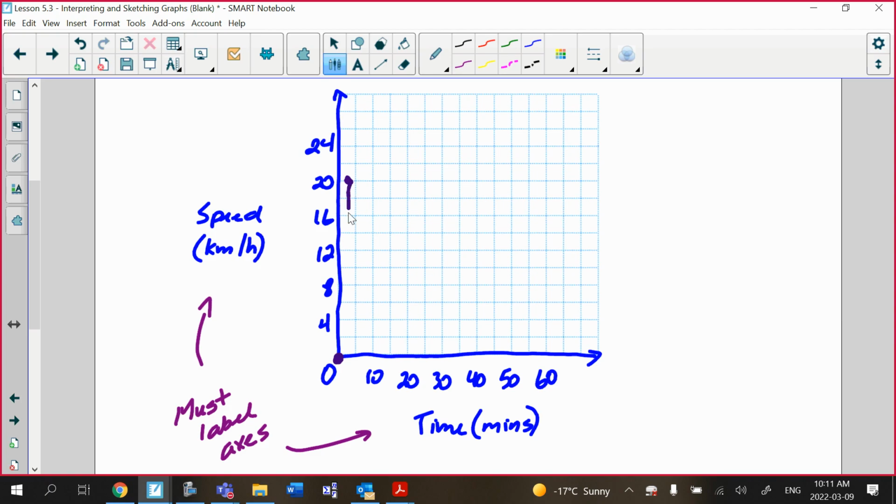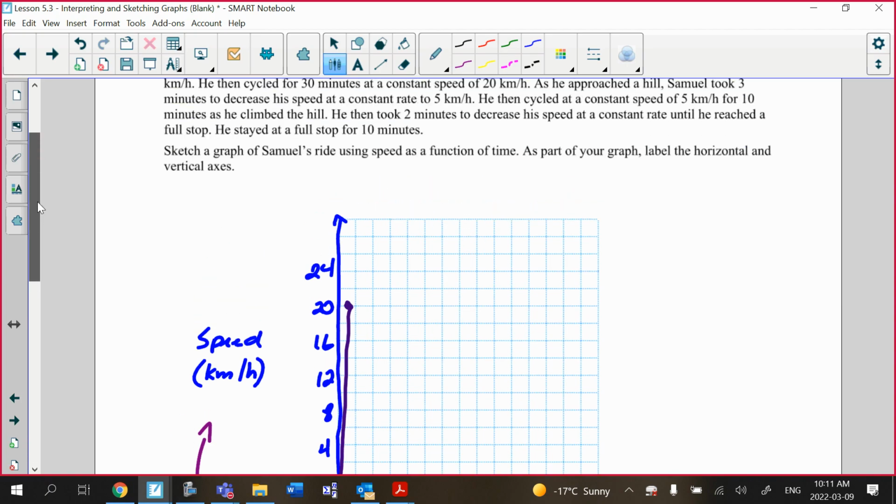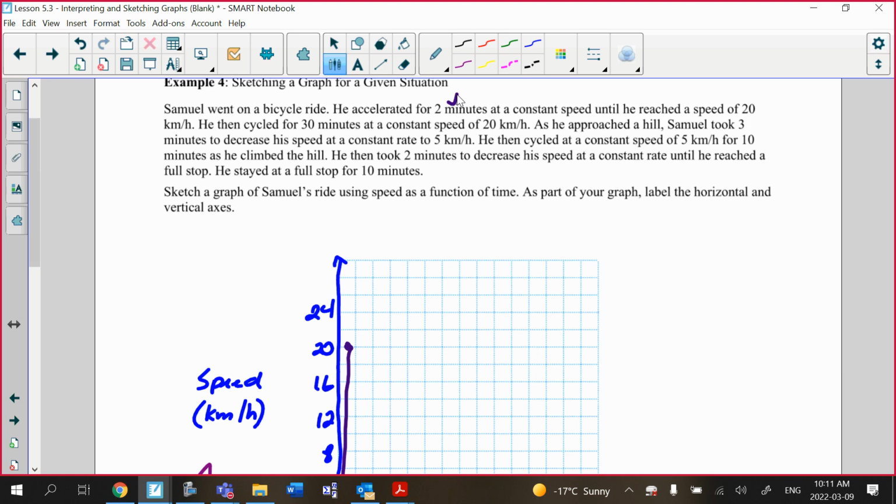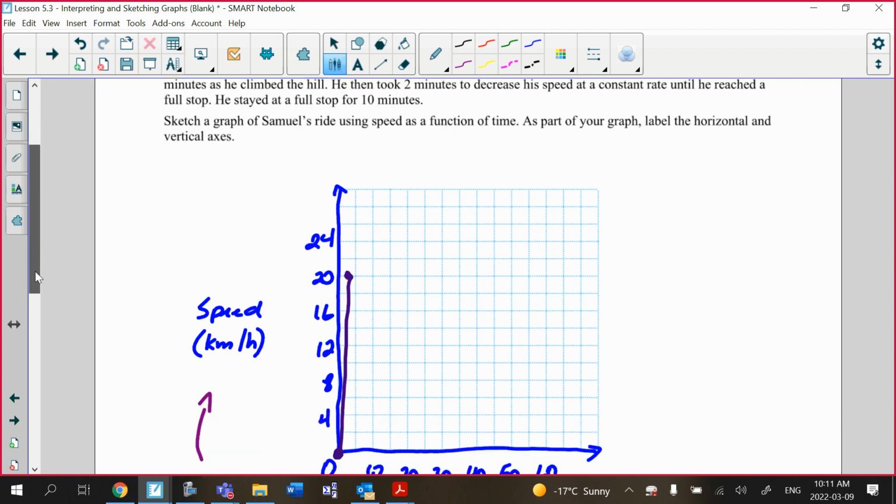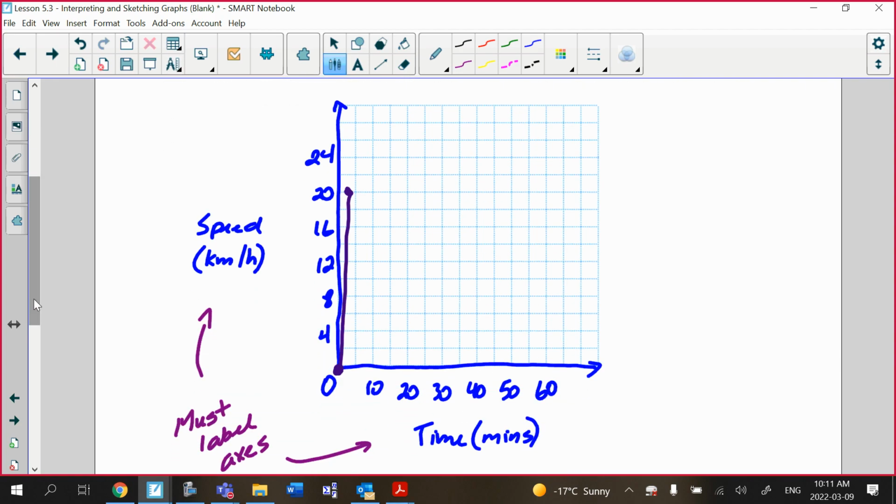He reaches a speed of 20, and then he stays at that speed for 30 minutes. Well, if he stays at that speed, I'm going to be drawing a segment across, but I've got to make sure it lasts for 30 minutes. We've already done 2. So I'll go up by 10s. This would be 12. No, wait. 2 and 10, yeah, 12. And then 22. And then 32.